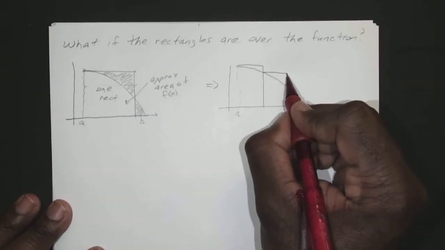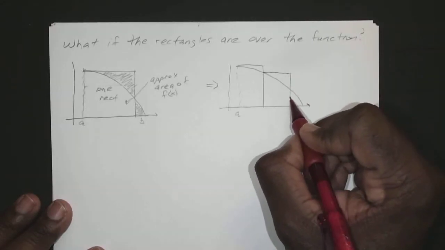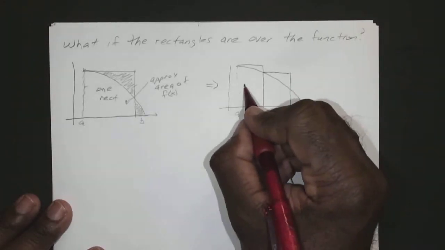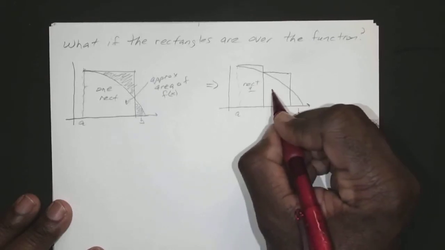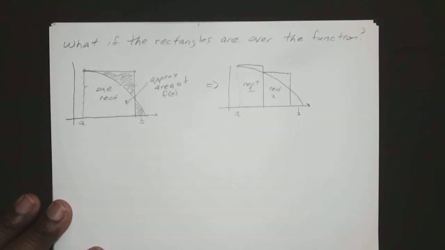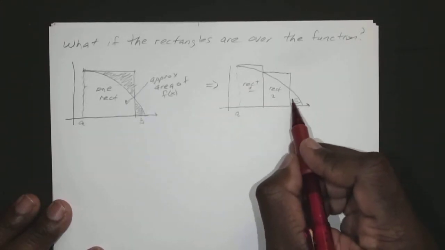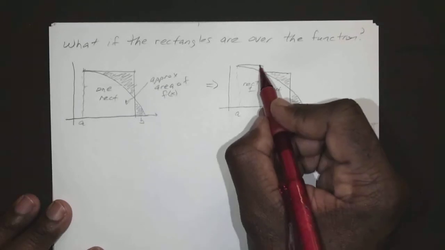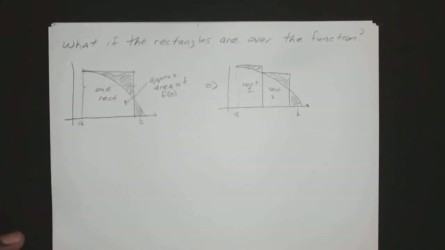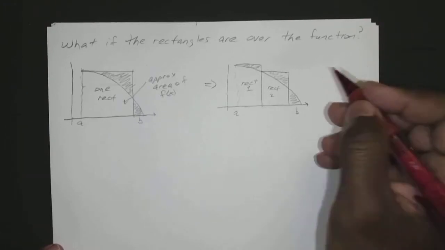Okay, so if we get two graphs, once again we have our first rectangle and our second rectangle. Like I said, we cover more space under here, but we didn't get there, and we have kind of missing space up there that we have too much of. Okay. So it'll give us the area, but it'll give us a higher area because we have all that missing space. So it's a little bit better. Not much, but a little bit better.